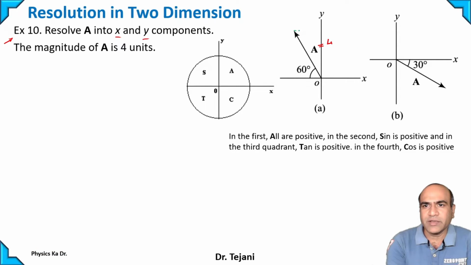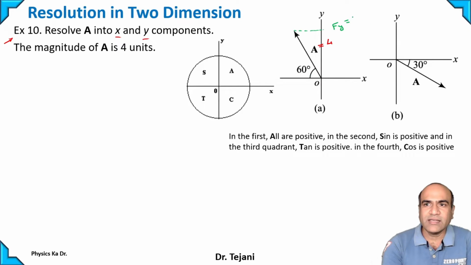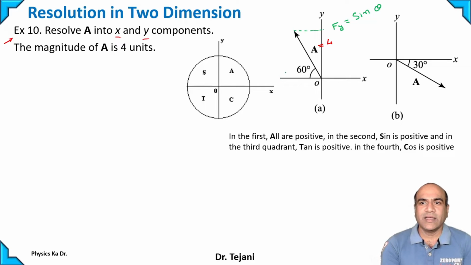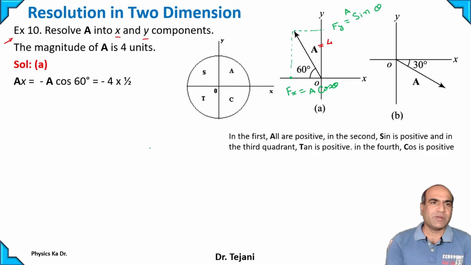One component is Ay, which becomes A sin theta, and another is Ax, which becomes A cos theta. It is a simple part.